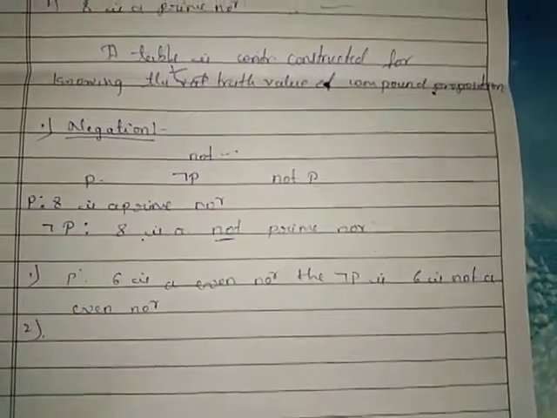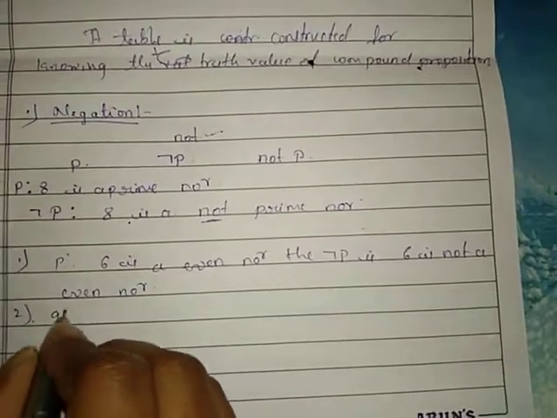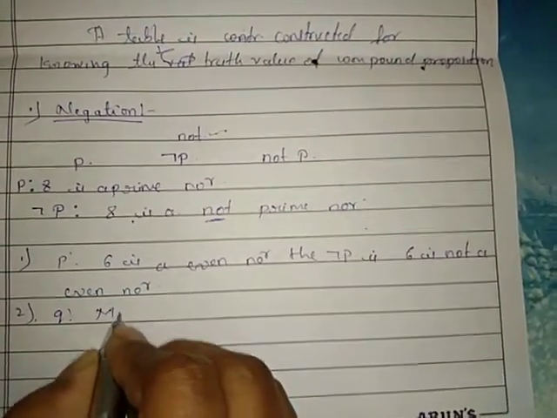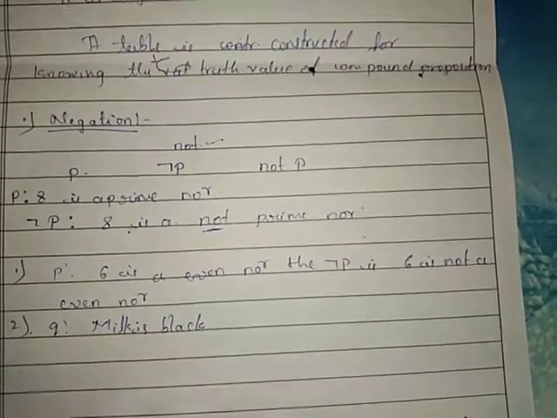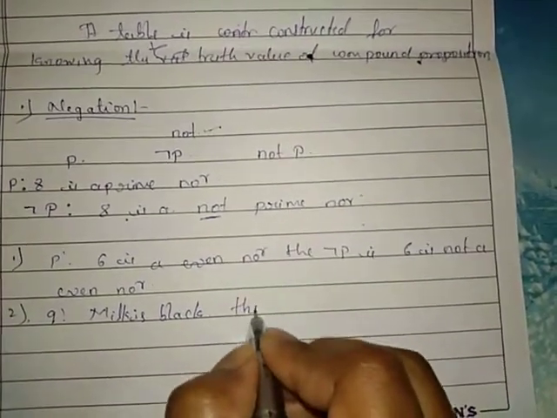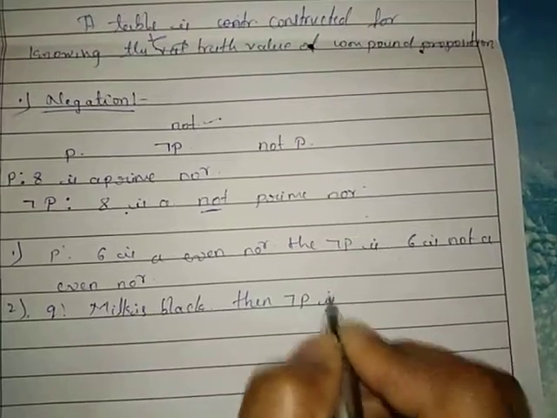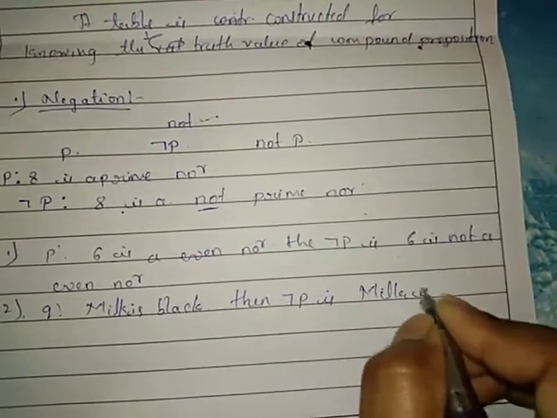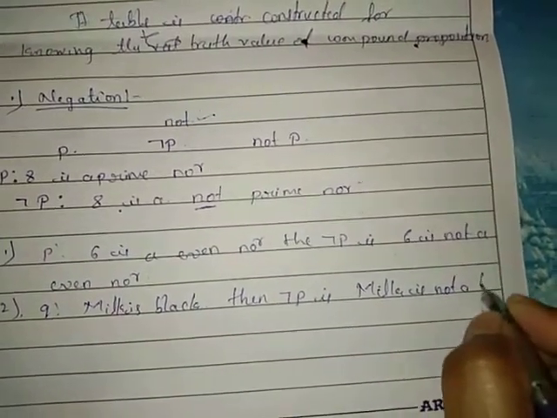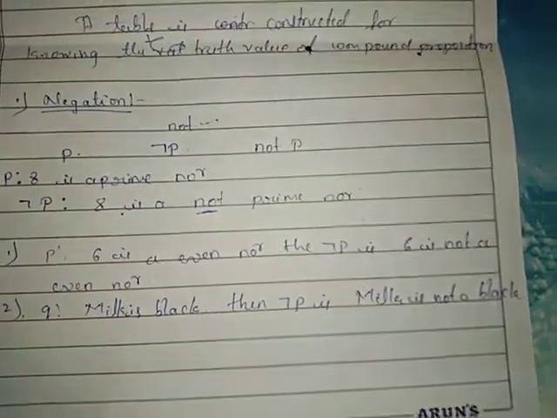And one more example. Consider Q: milk is black. Then the negation of Q is: milk is not black.